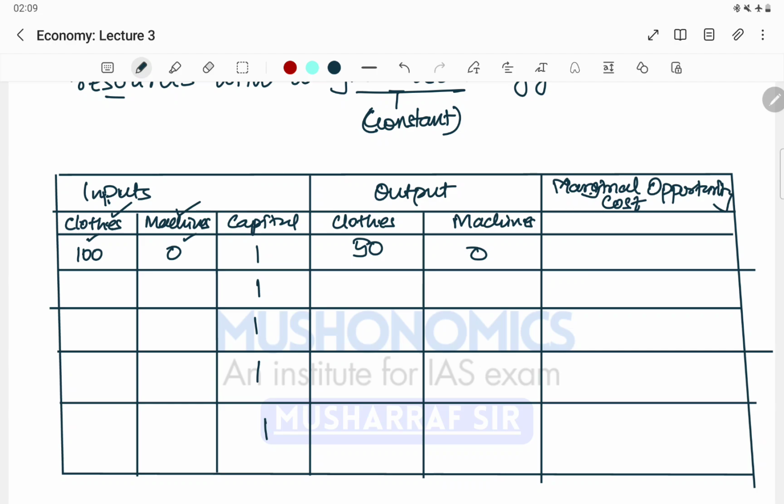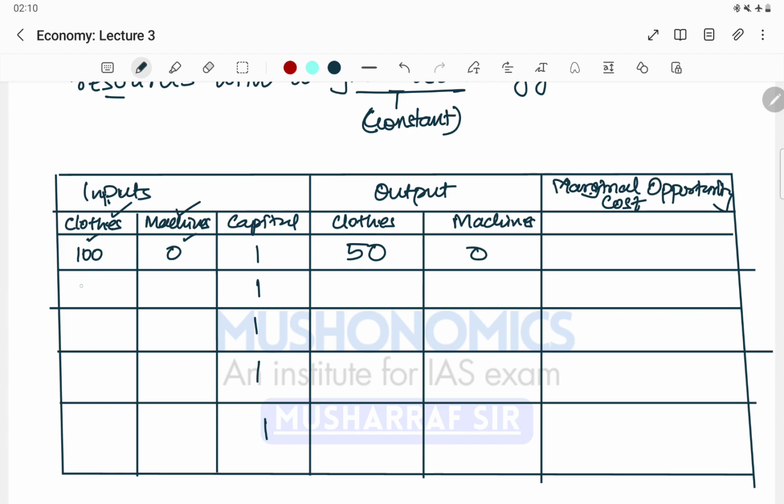I am using 100 labors for manufacturing of clothes, and I am getting 50 clothes. I am not utilizing any labor for machine, so I am getting 0 machines as output. I hope it is making sense.